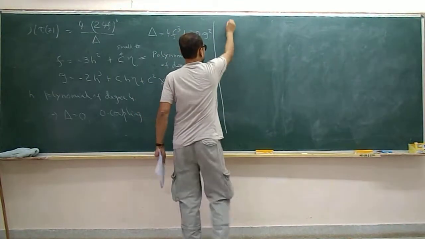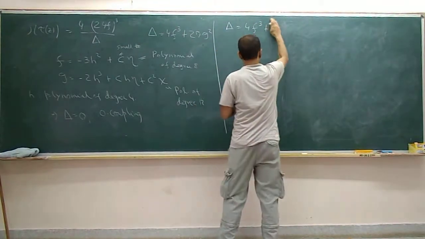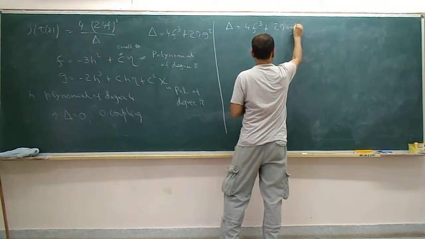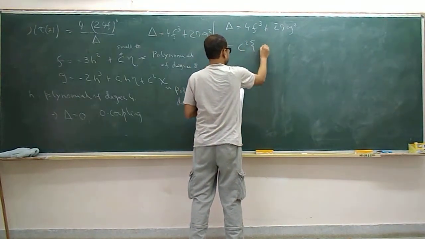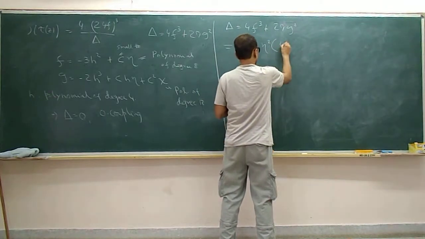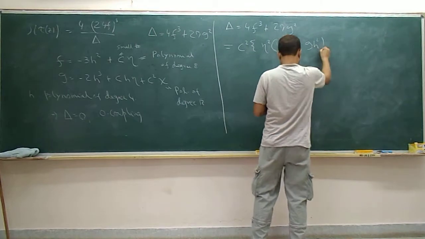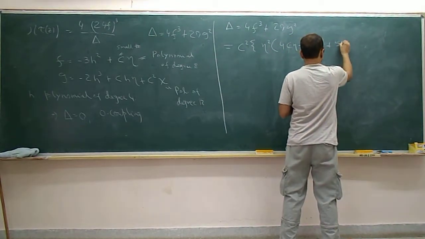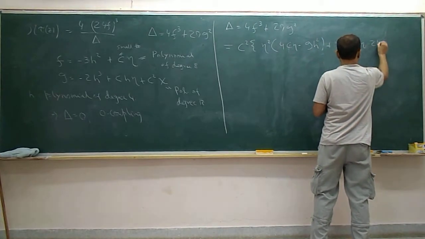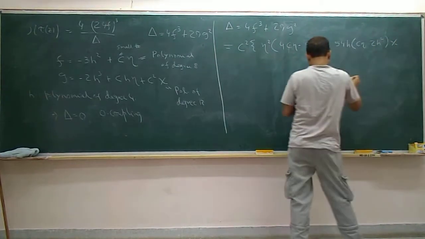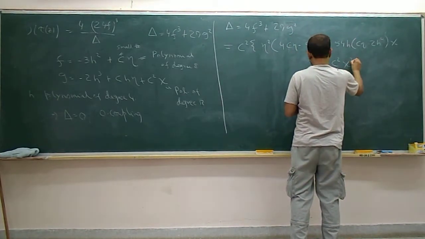So if you calculate delta, which is 4f cubed plus 27g square, this is an exact result, no approximation has been made. This is given by eta square times (4c eta minus 9h square) plus 54 times c eta square I plus 27 c square I square.